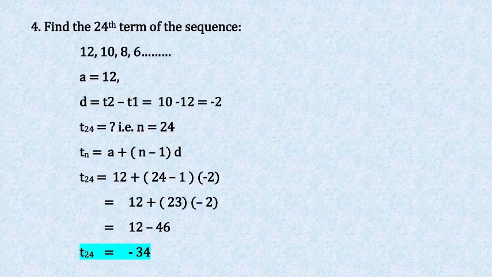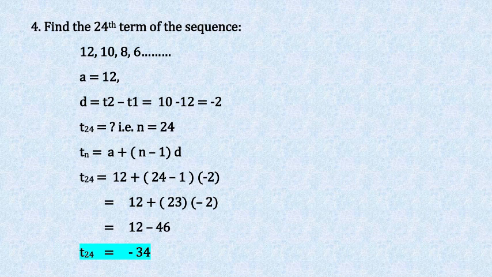Question number 4. Find the 24th term of the sequence 12, 10, 8, 6, and so on. In this problem, we need to calculate the 24th term of the given sequence. As we are solving the problems of arithmetic progression, it is very easy for us to apply the formula. But the next chapter is geometric progression.